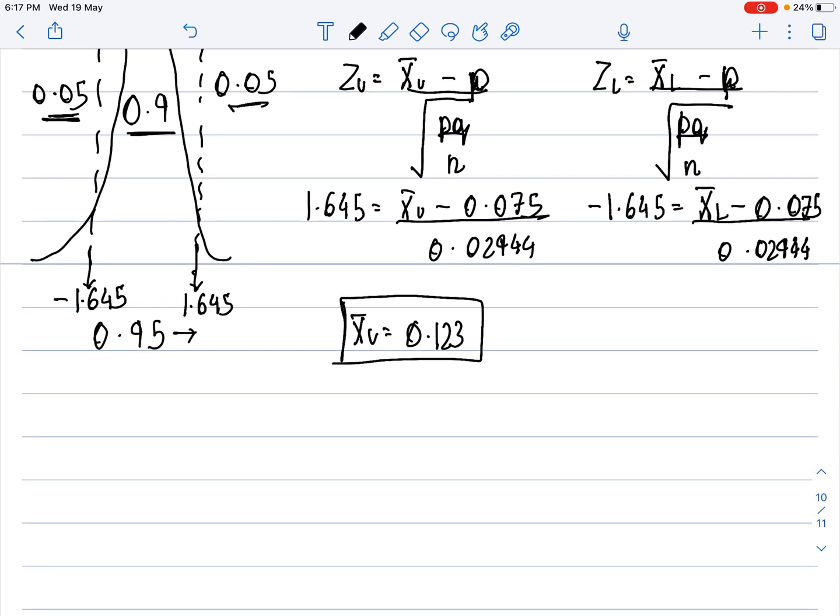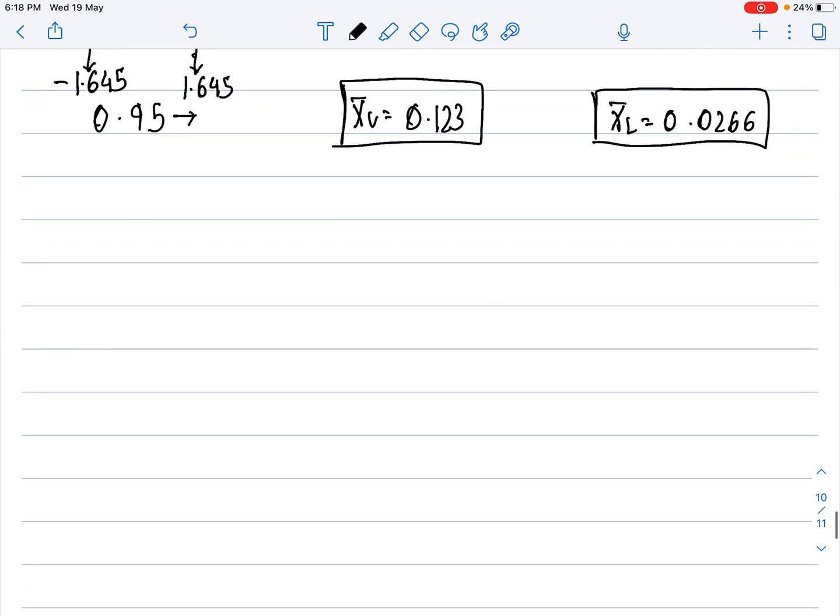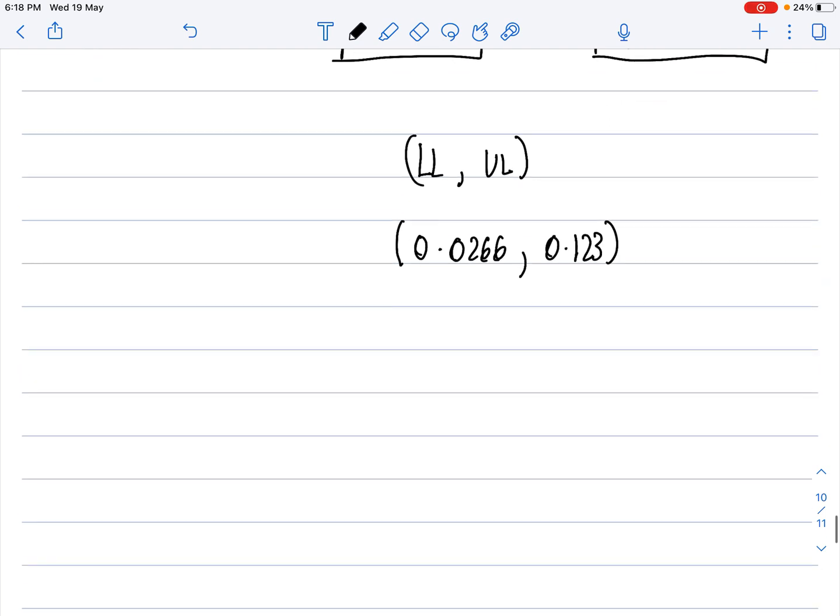I can solve this also on the calculator, and when I add 0.075 to it, the value I get is 0.0266. Now my confidence interval is always written as my lower limit, comma my upper limit. So I can write this as 0.0266, comma 0.123. This is the final answer of my question.